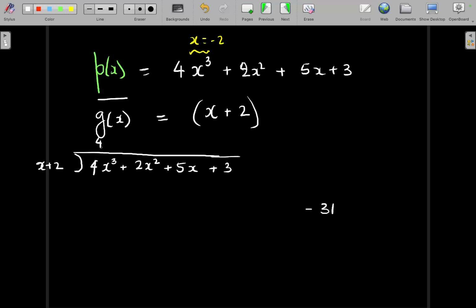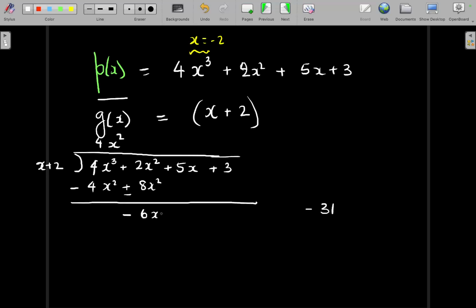So let's do it. 4x square, and then you have 4x cube plus 8x square. You put a minus, and what do you get?